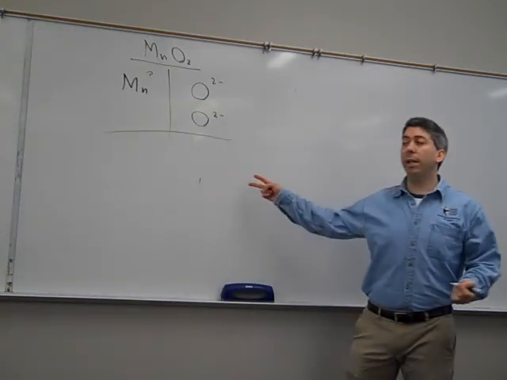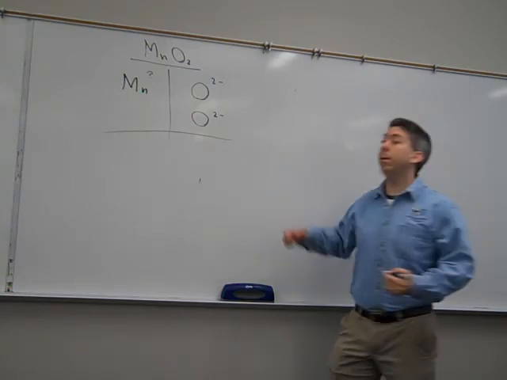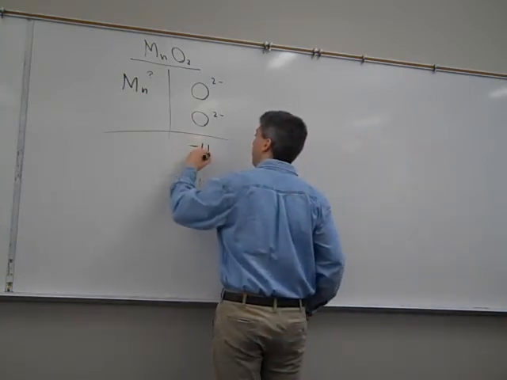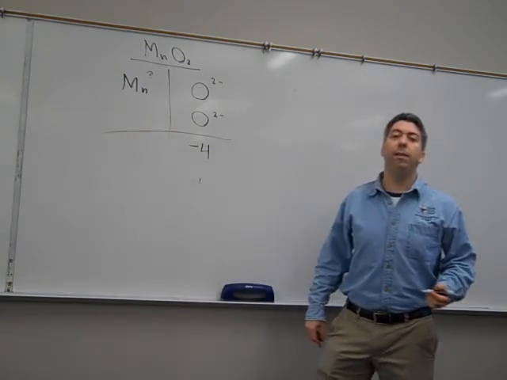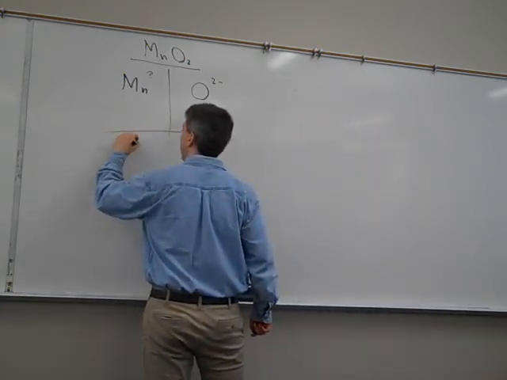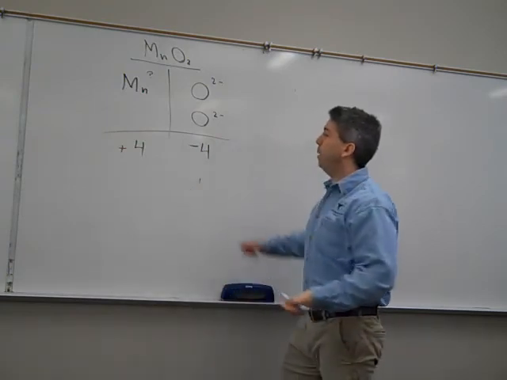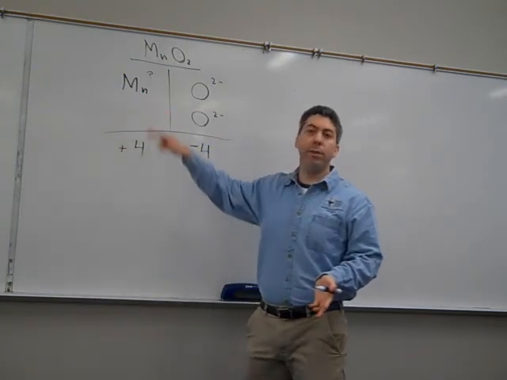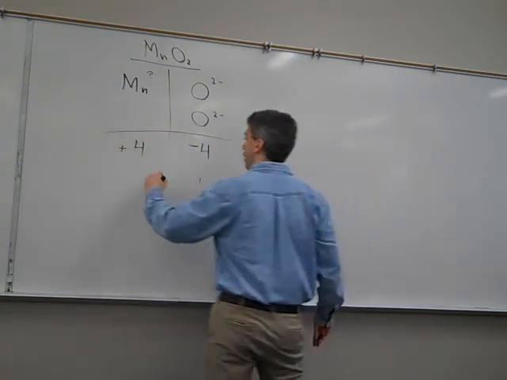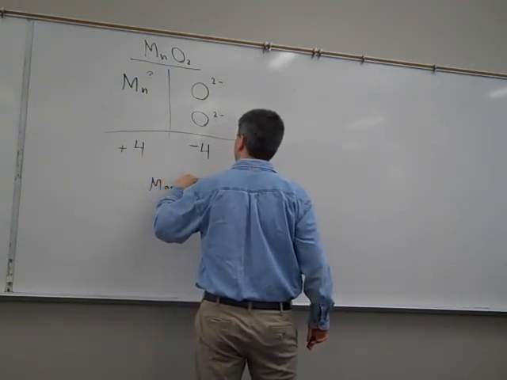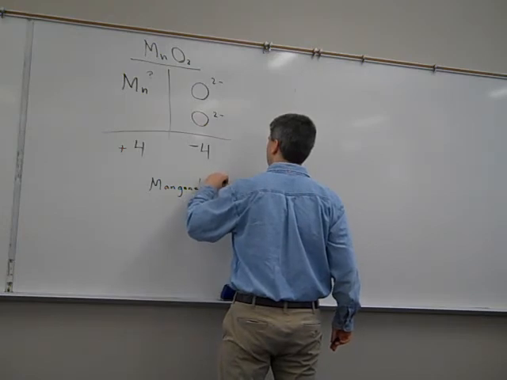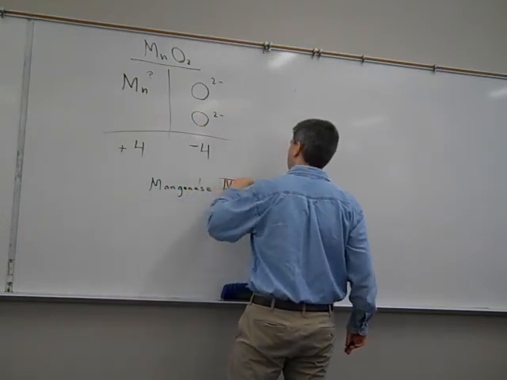So what's the total negative charge here? -4. If that's the case, what's the positive charge that manganese must have? +4. So since there's only 1 manganese, that +4 is due to that manganese, so this would just be manganese 4 oxide.